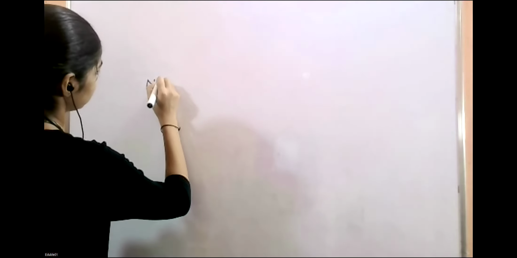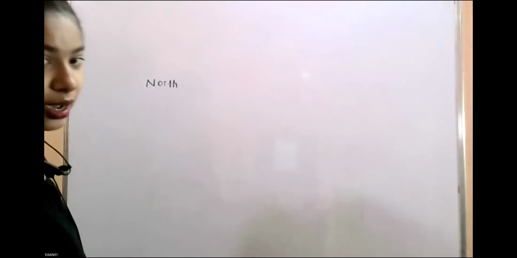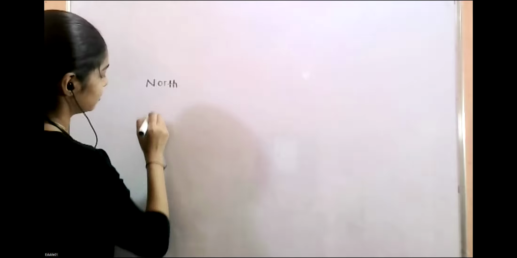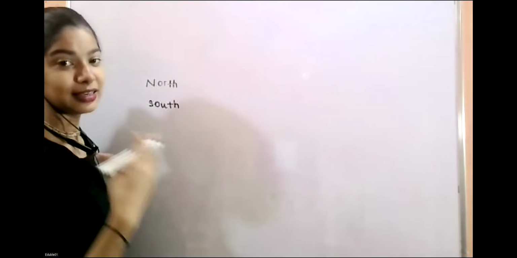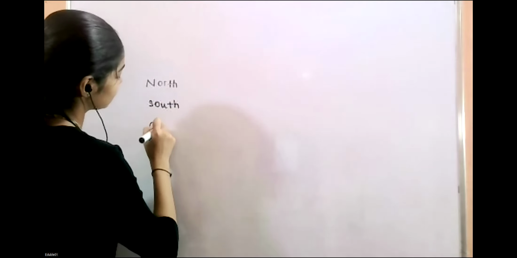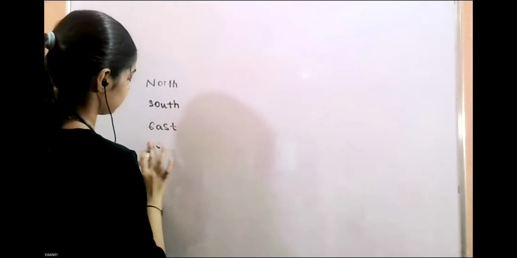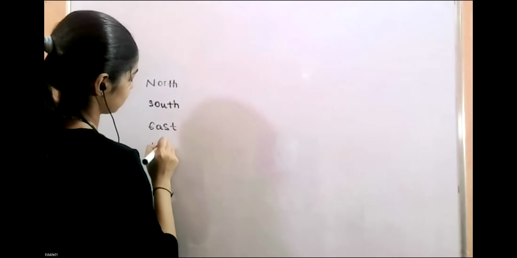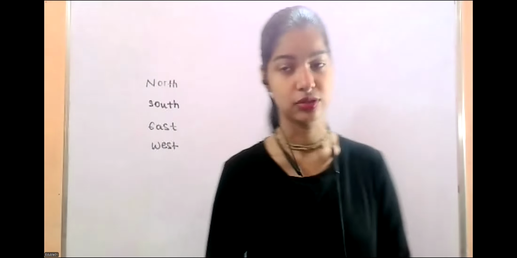Okay. So we have basically four directions. One is north, other is south, next is east, and the fourth direction is west. Okay, kids? So these are our four directions.